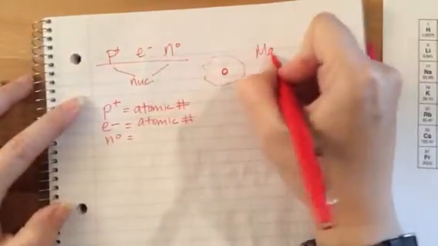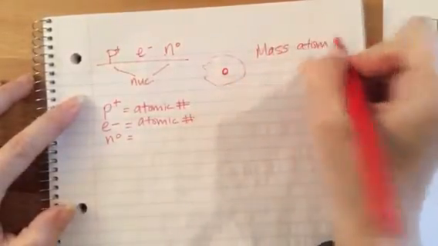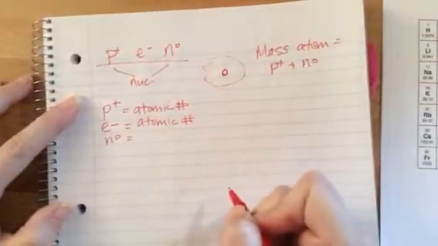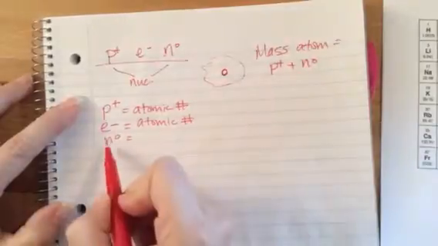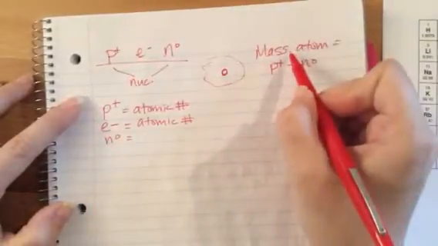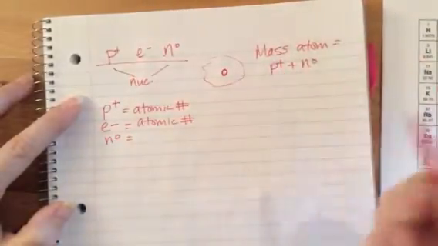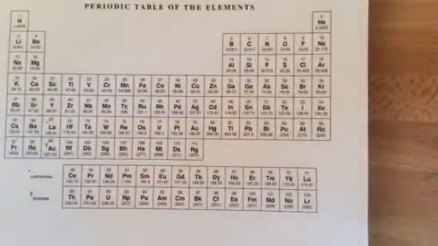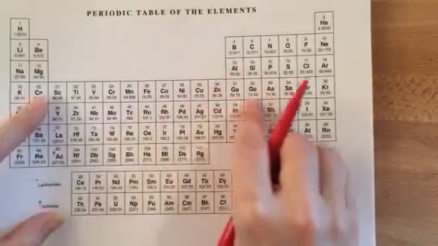That means that the mass of the atom is equal to your protons plus your neutrons. So if we only want the neutrons, we're going to take the mass and subtract off the number of protons. When we look at a periodic table, we have all these masses at the bottom.